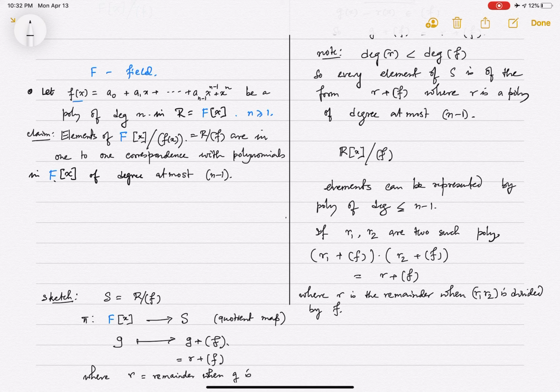The more precise statement is that, so let's make this a lemma. This is going to be crucial. This is the lemma that I want to prove.